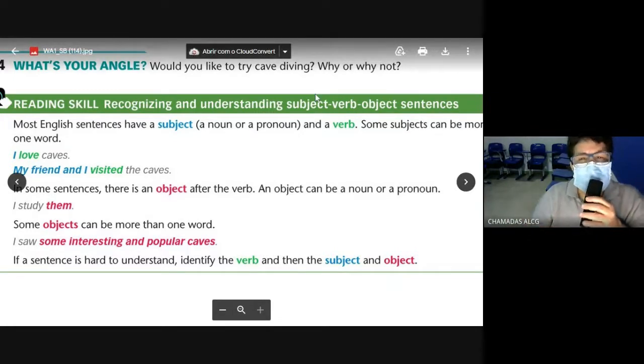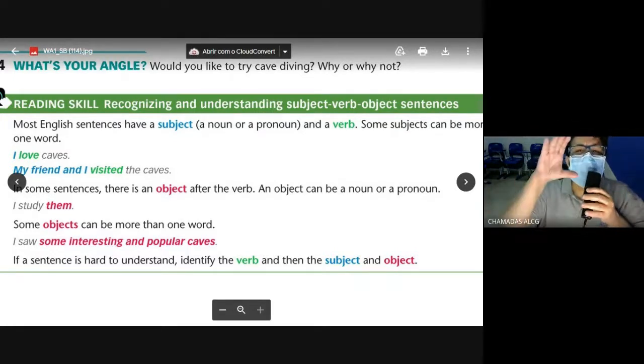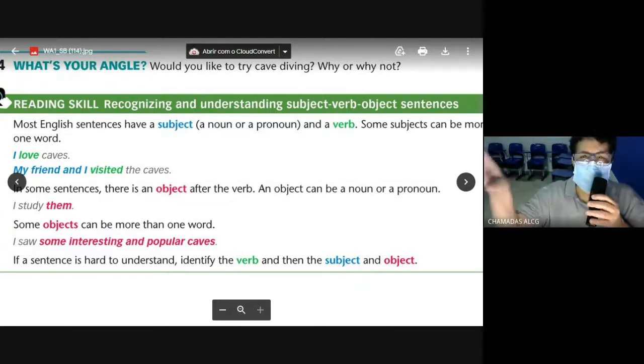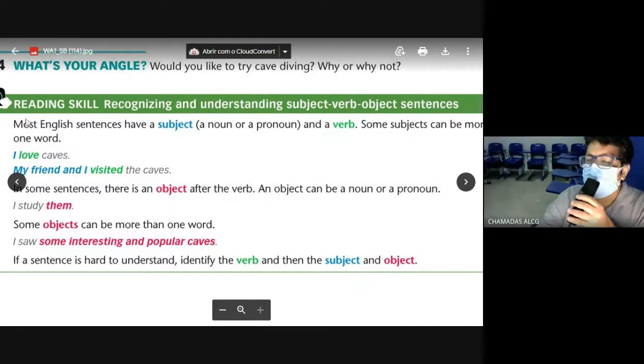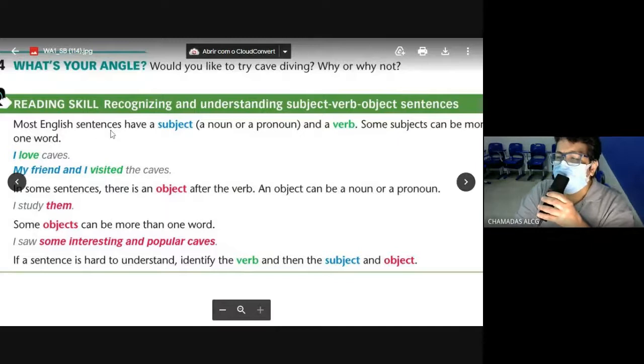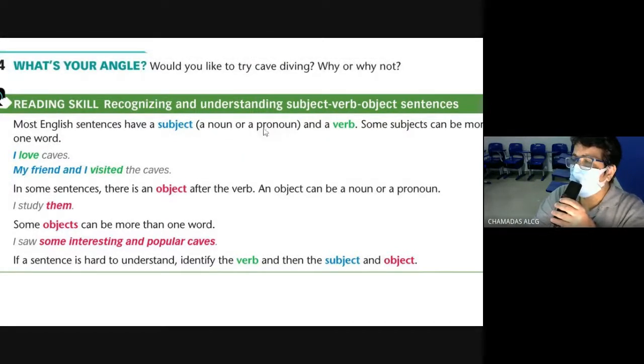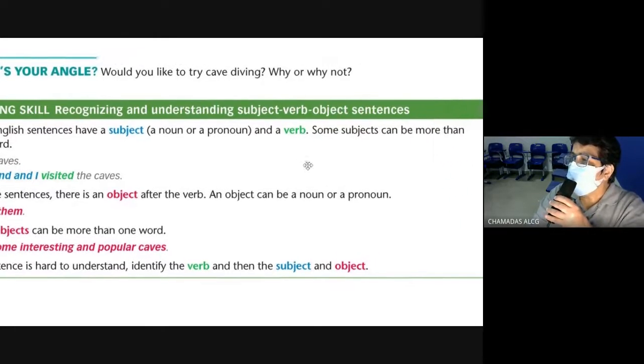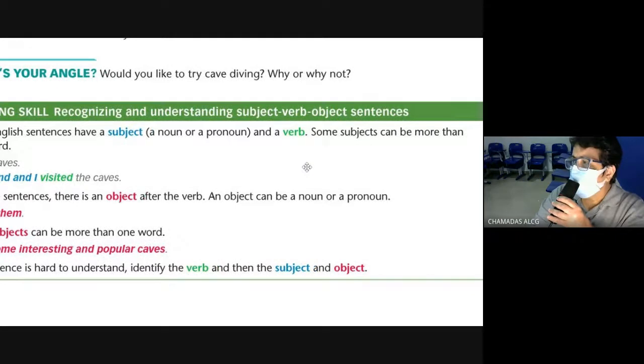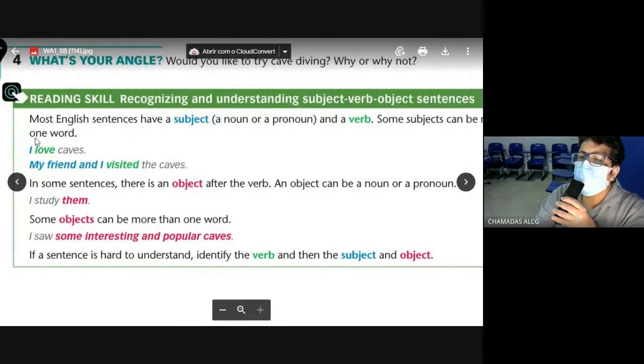And it's nice when we can recognize the sequence. So look, most English sentences have a subject, a noun or a pronoun, and a verb. Some subjects can be more than one word.